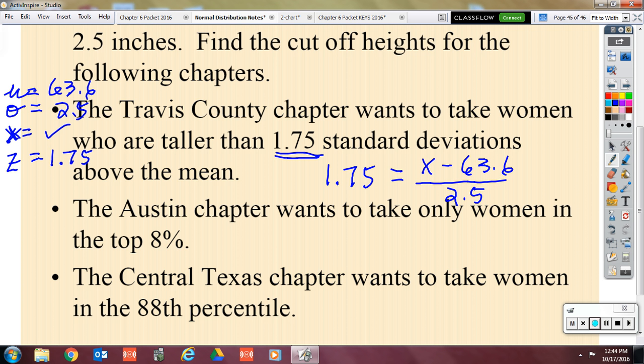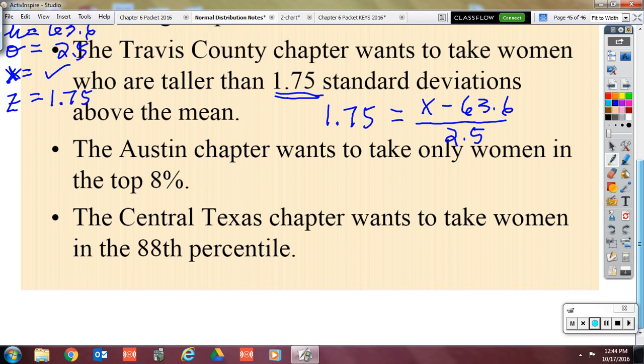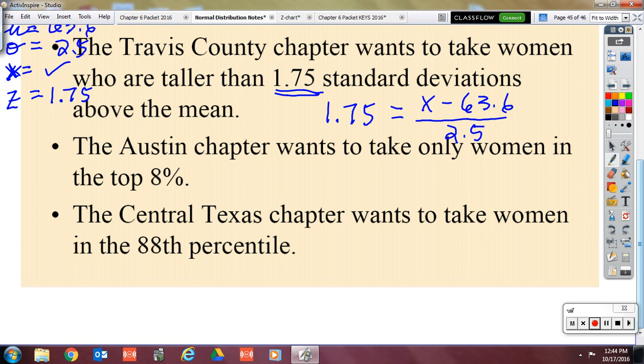And so then I can do my algebra there and solve for the height. Okay? I'm not going to go through that. We're just going to kind of set them up today, and then we'll do more of this solving tomorrow. All right, let's look and see how we can set this one up.